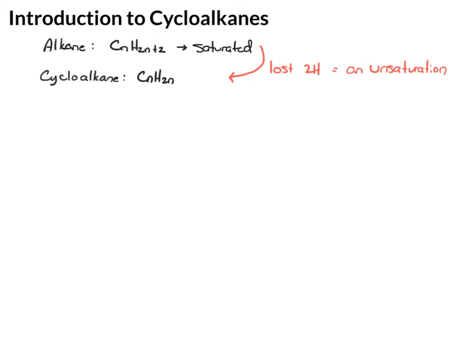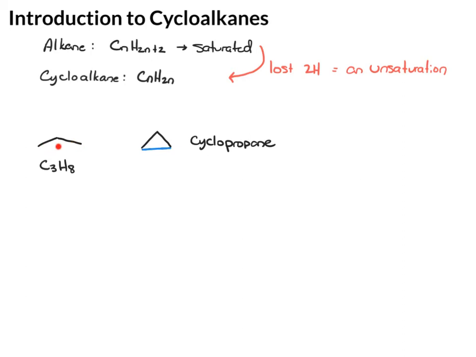Okay, so let's look at propane. If you count up the hydrogens and the carbons, we have C3H8. Now, if we make the cyclic counterpart, cyclopropane, what we've had to do in order to make this new bond, because remember in propane, this carbon has 3 hydrogens, this carbon has 3 hydrogens.